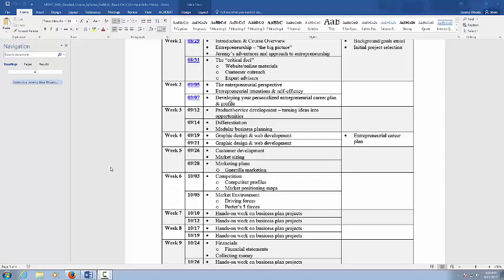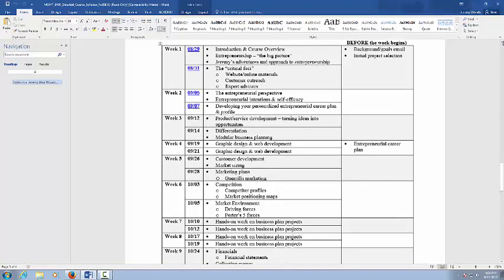Reviewing a bit where we've been and where we're going. First week we did kind of the introduction and overview of the class, and we talked about these three critical foci that I think are so important: the website, the customer outreach, and the expert advice outreach.